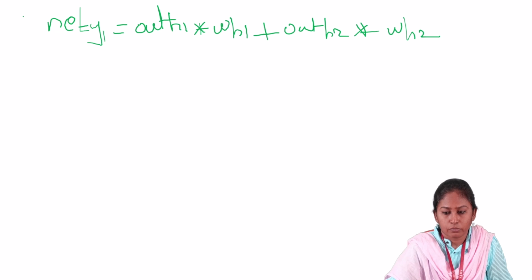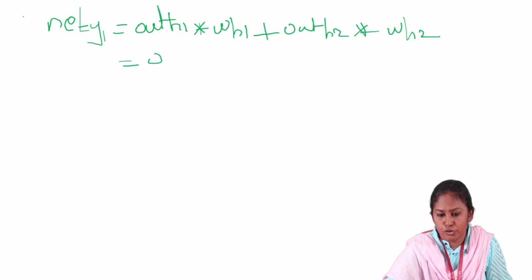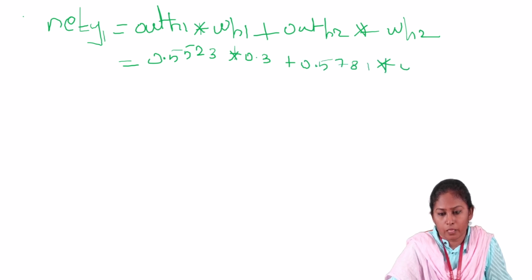So we know what those values are: 0.5523 star 0.3 is the weight, and then 0.5781 star 0.9.